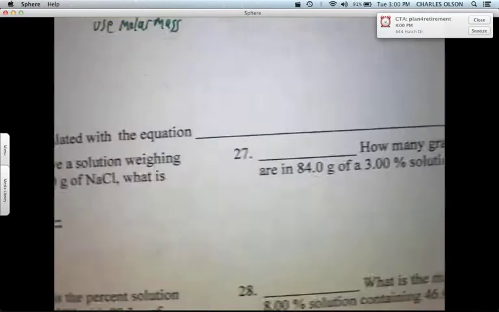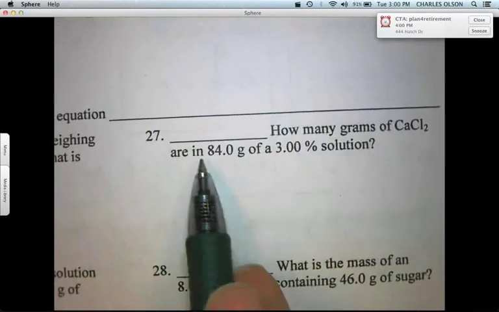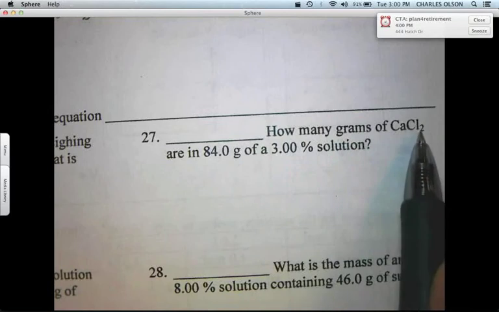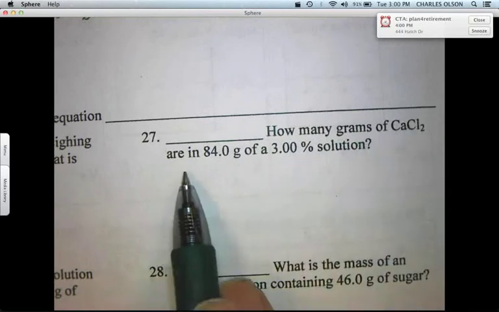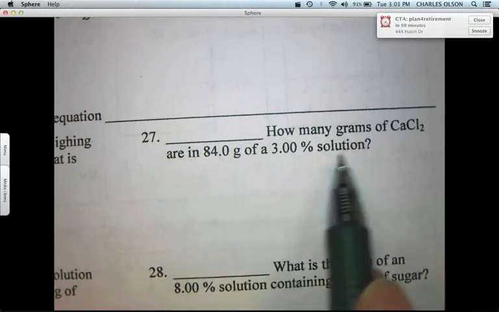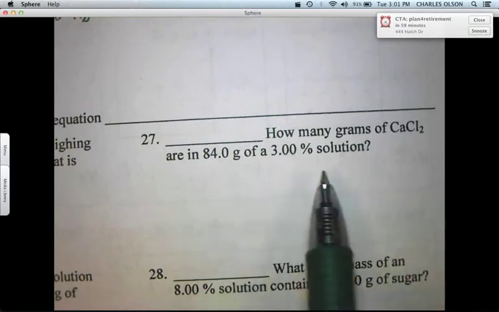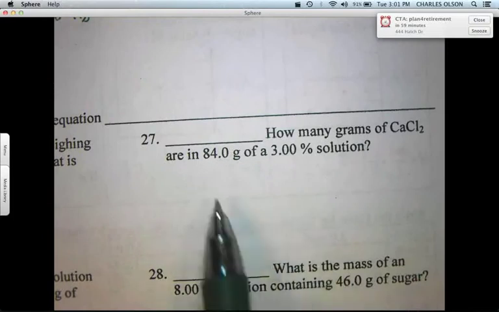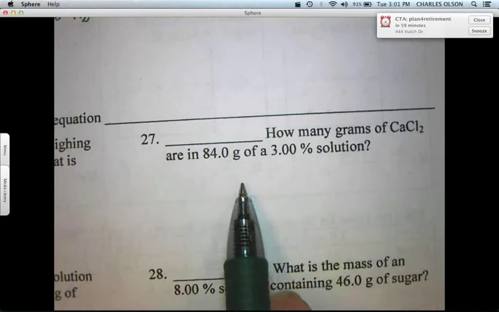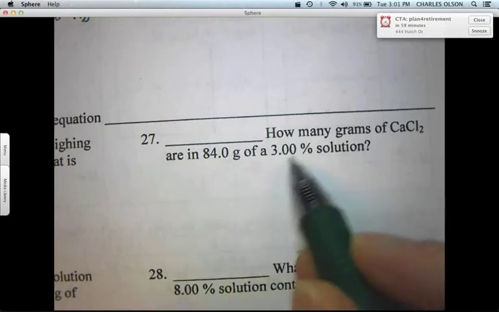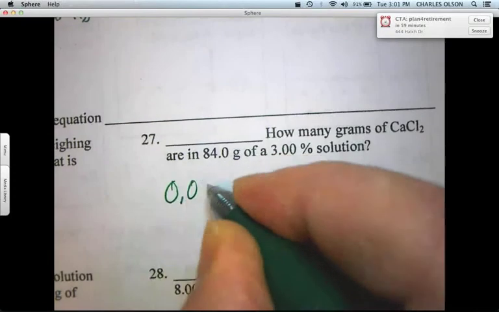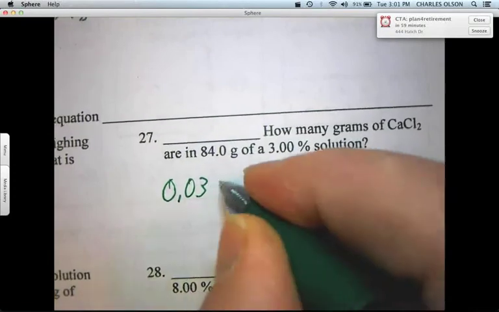This one's an interesting one, number 27. How many grams of CaCl2 is in 84.0 grams of a 3% solution? With this one, let's break it down to a number equals the part over the whole. 3% is 0.03. With 3 sig figs, it's actually that.